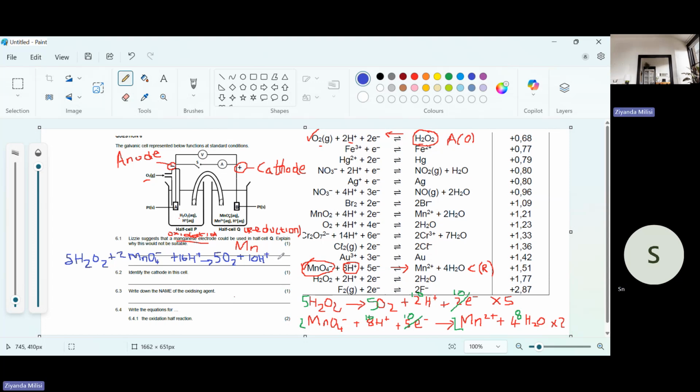Can you see that H plus appears on both sides? Oh yes. Plus 2Mn2 plus, plus 8H2O.